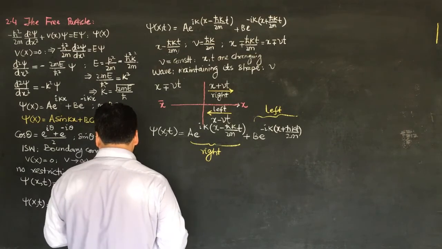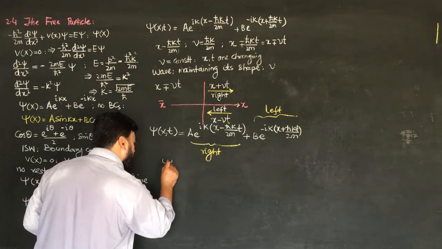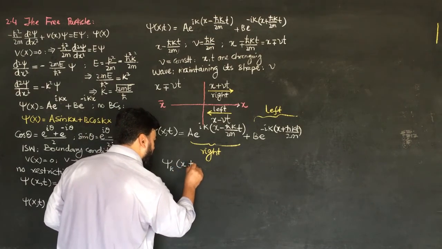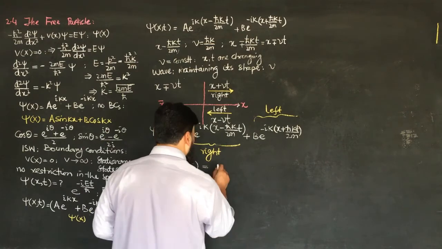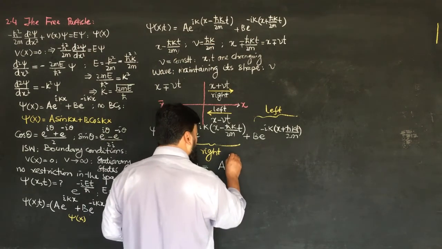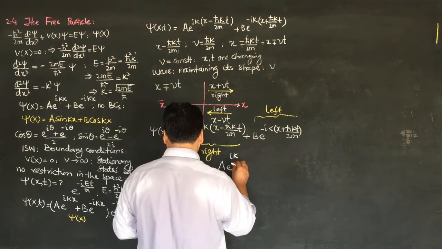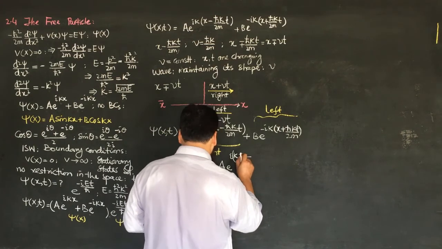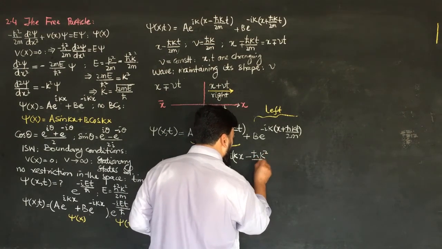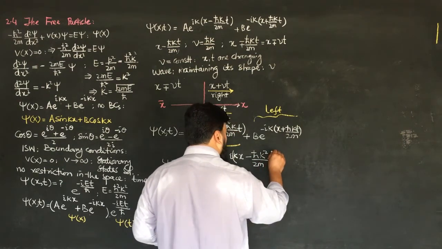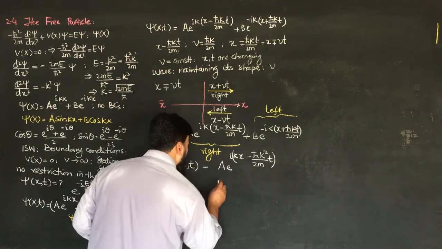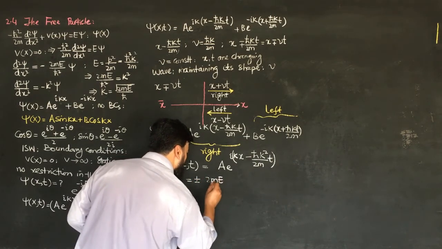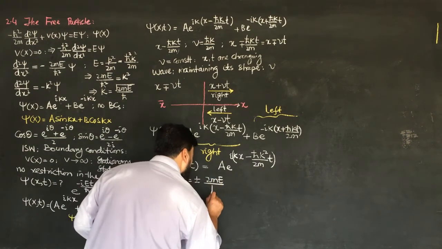I can now combine these two into one, and it will be psi of k, x and t, equal to a constant A e to the power ik, and this is x, let me take i common, minus h bar k squared over 2m t, and this expression is that k is equal to plus-minus square root of 2mE over h bar.